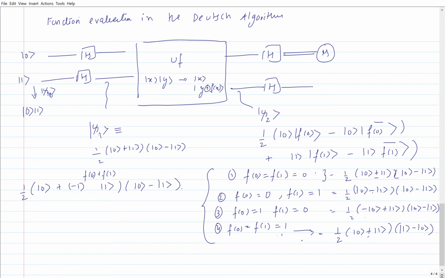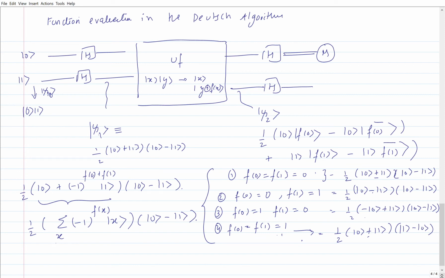this guy. I'm going to ignore the global phase, but that is the idea. In other words, I can also write this down as the sum over x, where x is 0 or 1, of minus 1 to the power of f(x) ket x, tensor 0 minus 1.